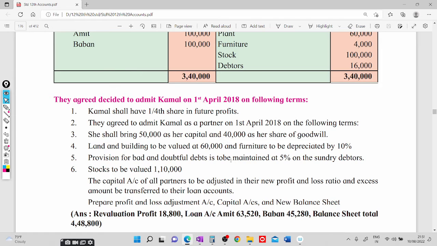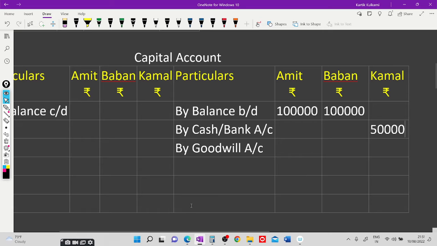Now about goodwill. Kamal is bringing 40,000 as her share of goodwill. Now since goodwill is brought in cash, first entry will be cash account debit to goodwill account credit.